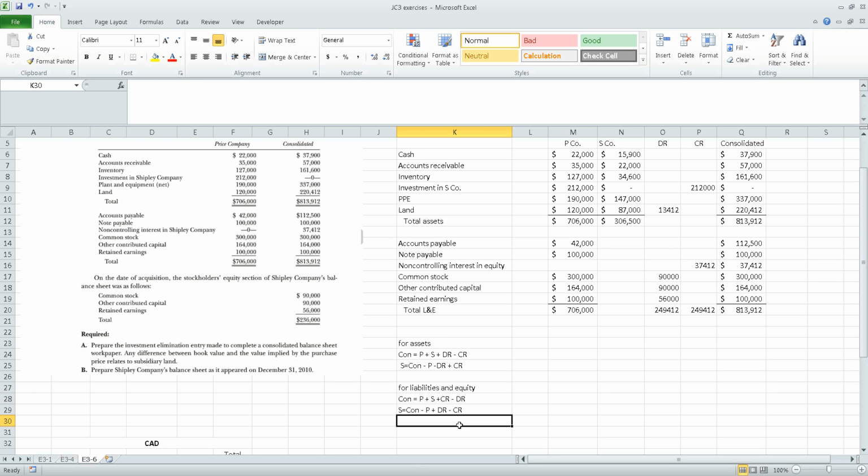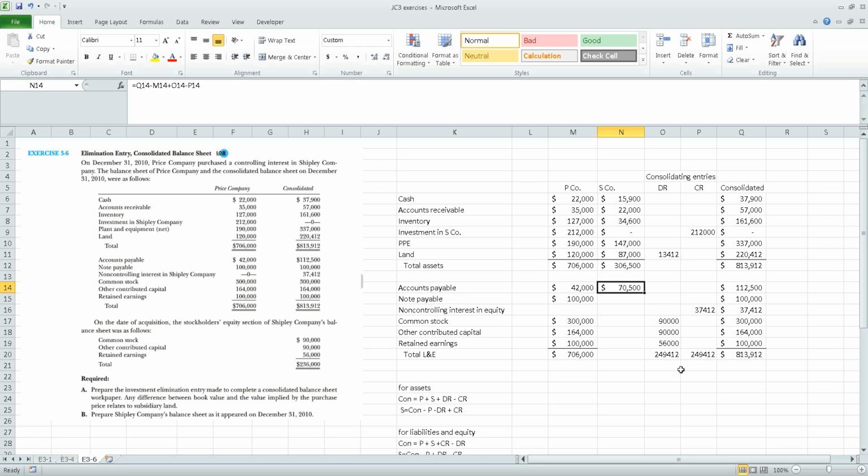Or you can rearrange it algebraically, and so the formula that you want to apply in the S column here is take the consolidated balance here, subtract from it the parent's balance here, add to it any debit in the debit column here, and subtract any credit in the credit column here. So that's what I'm going to plug in. So take the consolidated balance, reduce it by the parent's balance, increase it by any debit, and reduce it by any credit in the worksheet. So there's the accounts payable balance that must have been in the sub's accounting records.